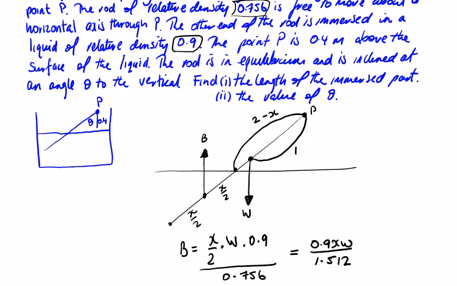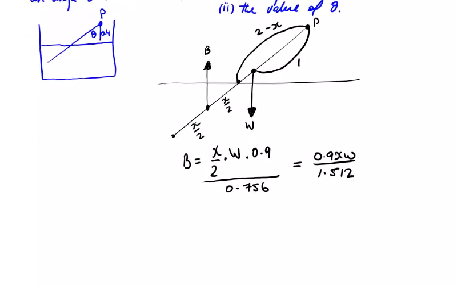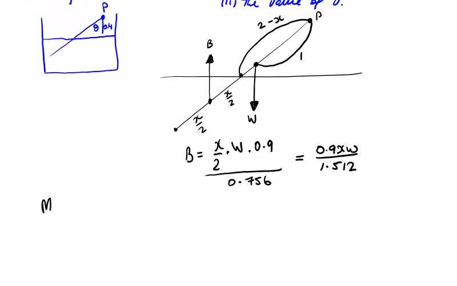Now we can look at moments about P, because we just have B and W going on here. W is 1 away, so W times 1 is equal to B times its distance.